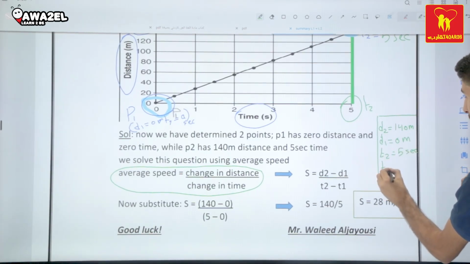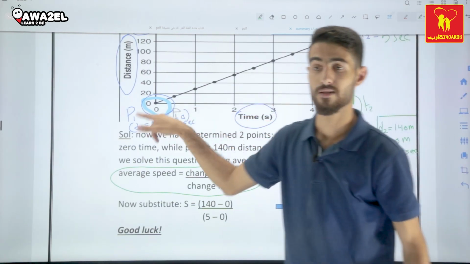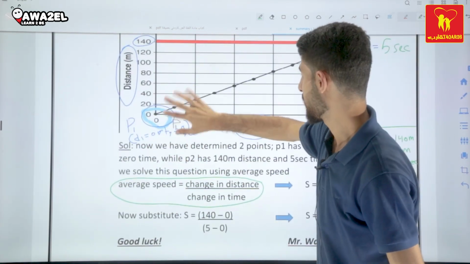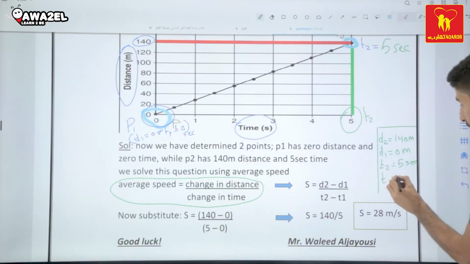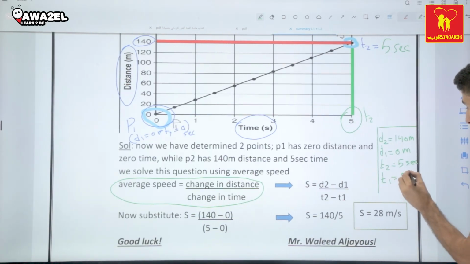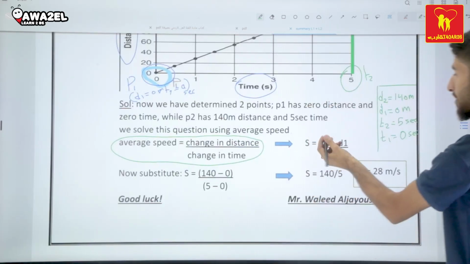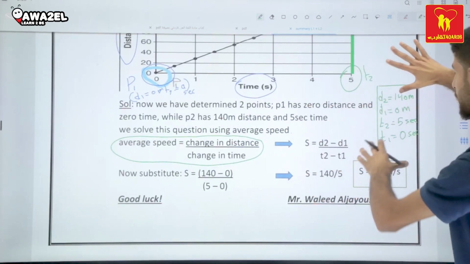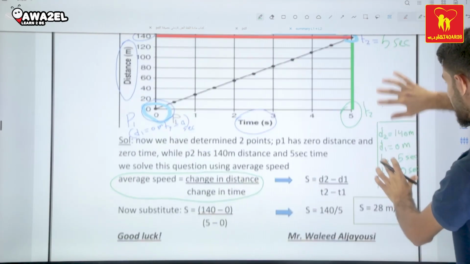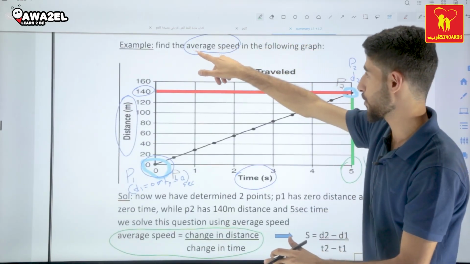And T1 is definitely, because I started at the initial coordinates, 0. T1 equals 0 seconds. Okay, now I have written what I have, and I know what I want to find out.